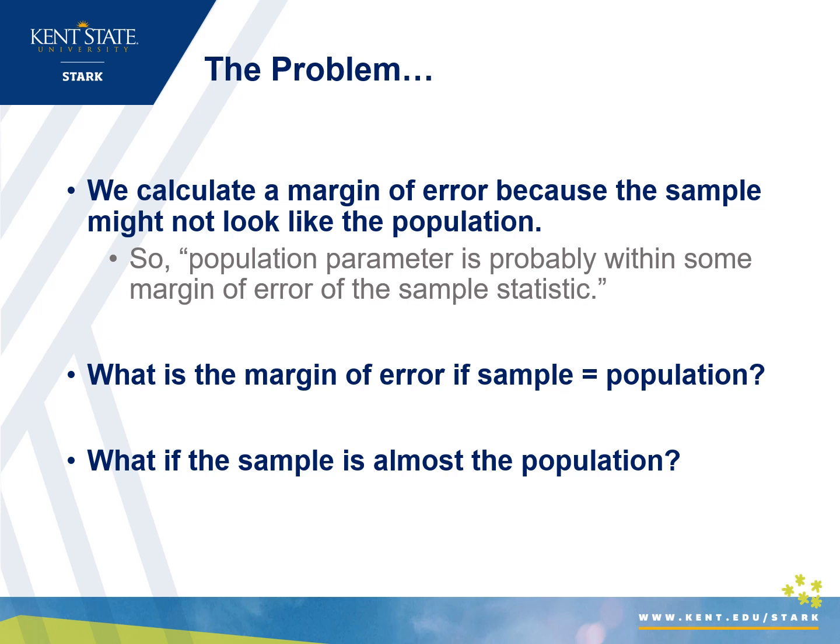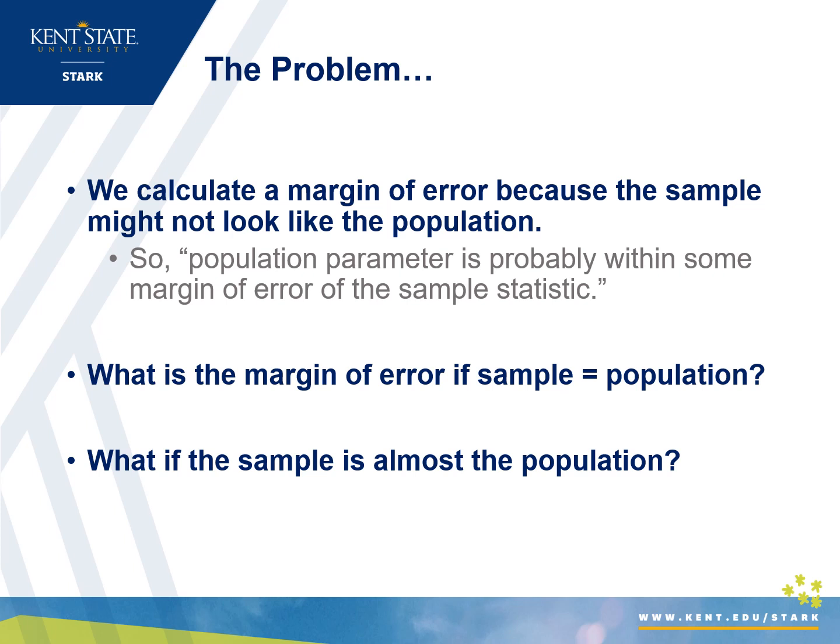Okay, here's the problem. We only calculate the margin of error because the sample might not look exactly like the population. It's only a small part of the population as a whole. So there might be a difference between the sample statistic and the population parameter that it's estimating. However, if the sample is the population, we know there is no margin of error. We just see the population parameter directly.